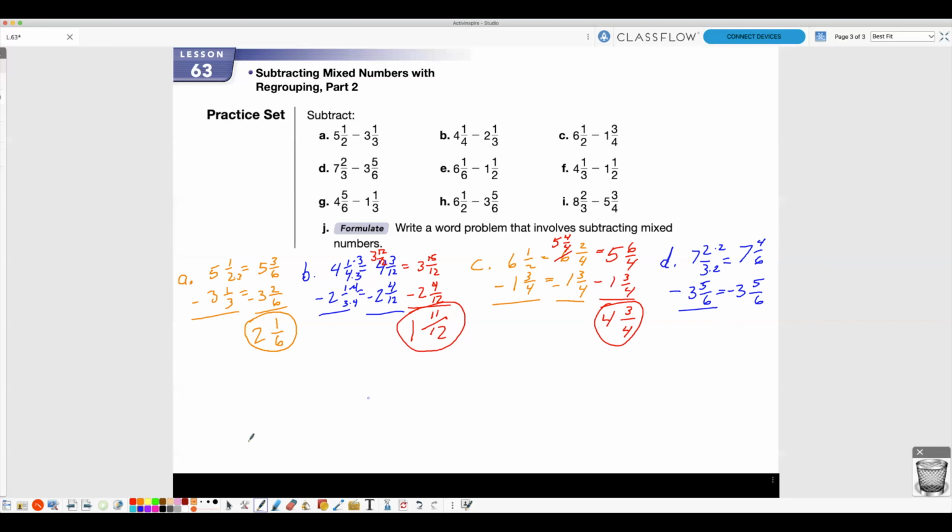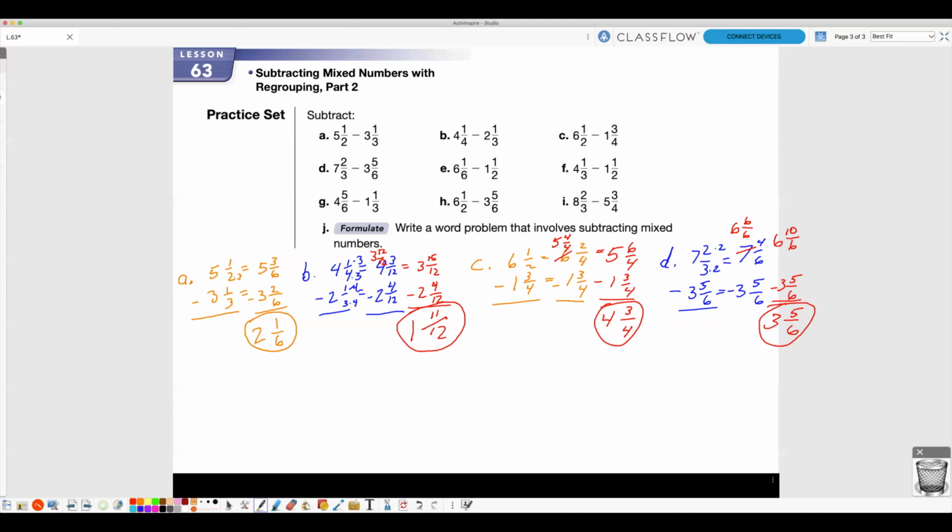Now, again, you'd have to borrow or regroup in this case because 4 minus 5 does not work, so I'm going to change this to 6 and 6/6. And 6 plus 4 ends up being 6 and 10/6 minus the 3 and 5/6. So now you have 10 minus 5, which equals 5. The denominator is 6. 6 minus 3 makes 3. So you'd have 3 and 5/6 for letter D.